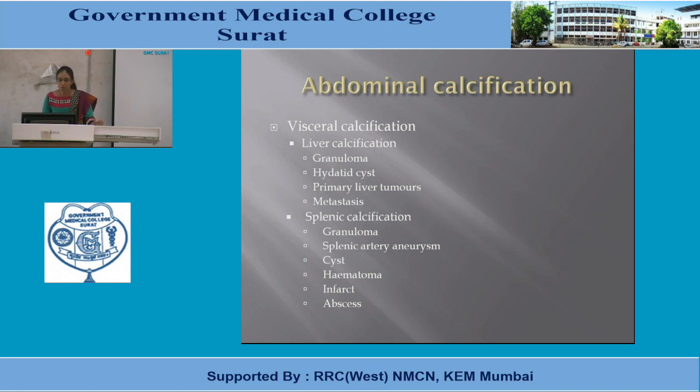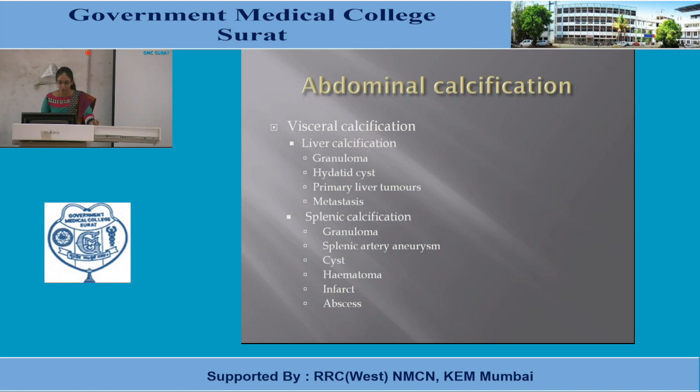Causes of abdominal calcification are visceral and non-visceral. In visceral calcification, there is liver calcification. The differential diagnosis for liver calcification is granuloma, due to tuberculosis or fungal infection, hydatid cyst, and primary liver tumor.